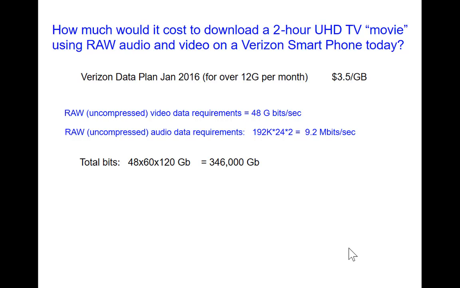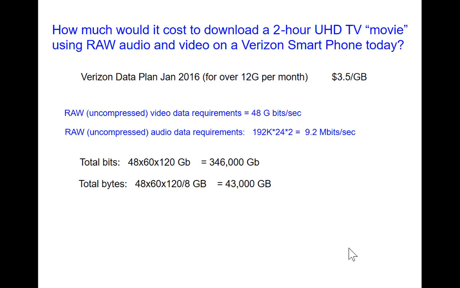Oh, but they don't sell it by the bit, they sell it by the byte. So we have to divide by 8 to get the number of bytes that we need for that UHD TV signal. 43,000 gigabytes of data. How many people think they're getting 4K UHD video on their phones today? Or close to it.